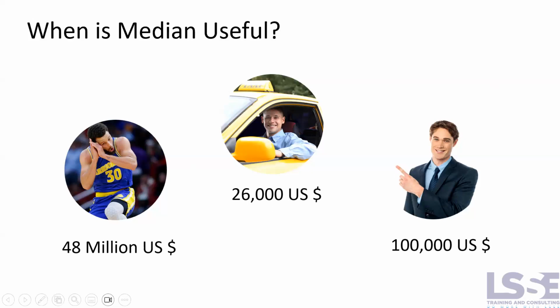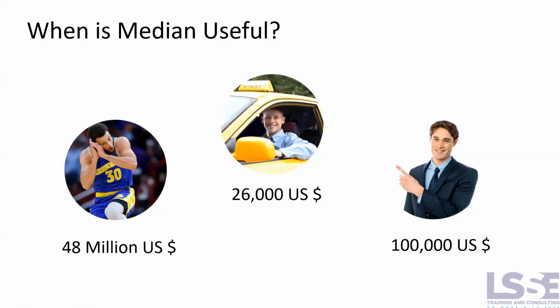What would reflect reality is when you ask, what is the median salary of the people in the car? In this case, the median salary, the middle value, will be 100,000. This is probably closer to the truth because the taxi driver is closer to 100,000, so it is more correct for two of the individuals.